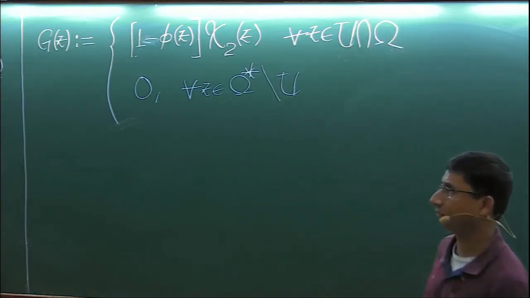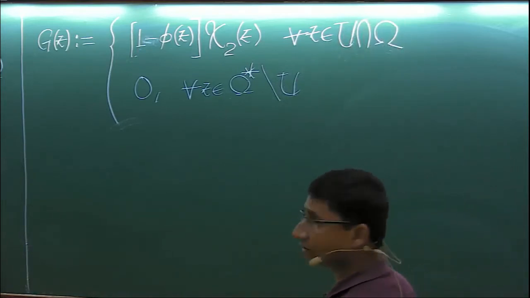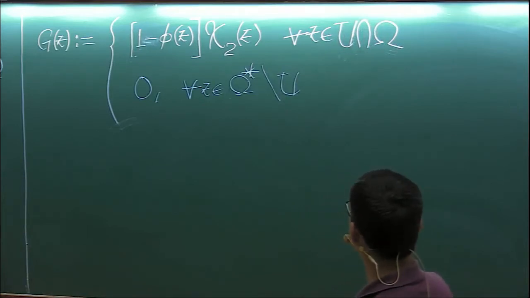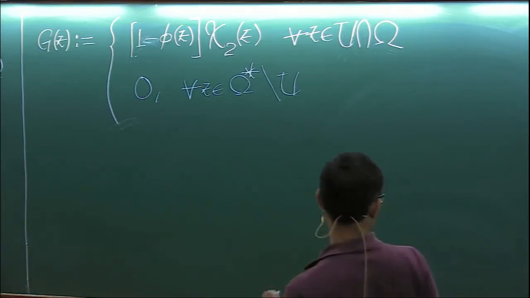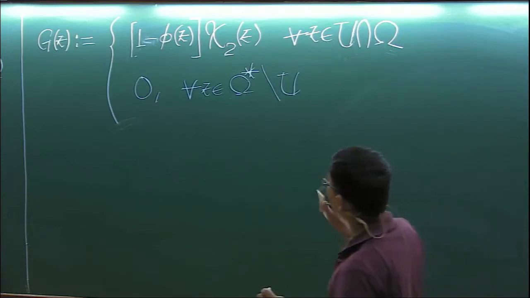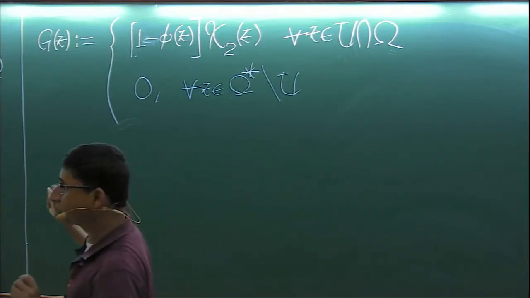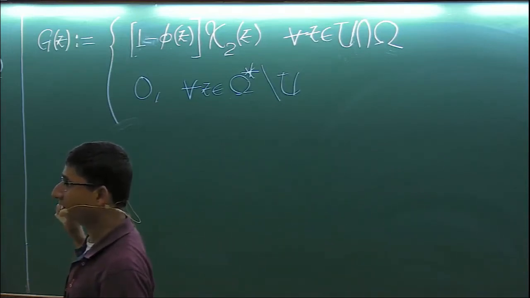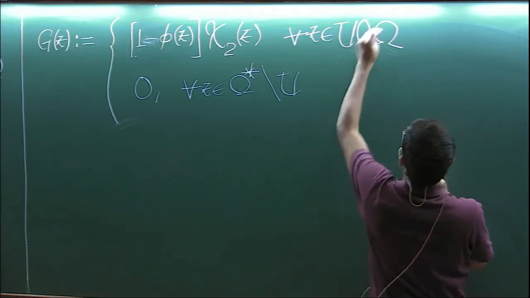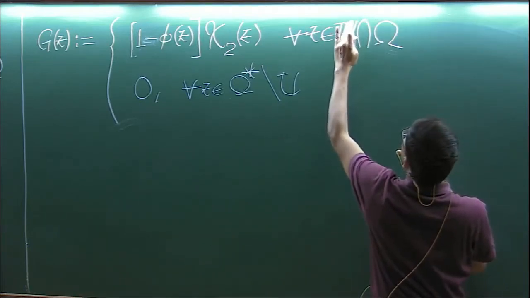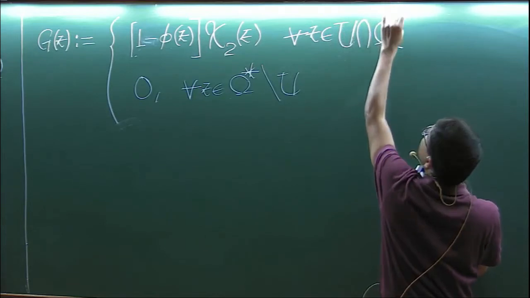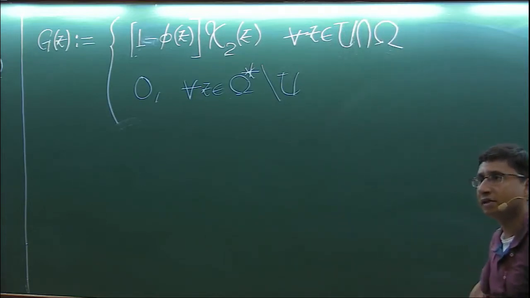Right, exactly. So this here is our data. And not actually U intersect omega, because this phi actually lives on a slightly larger object, right? So it actually lives on U intersect, let's see, I need to look at my condition.